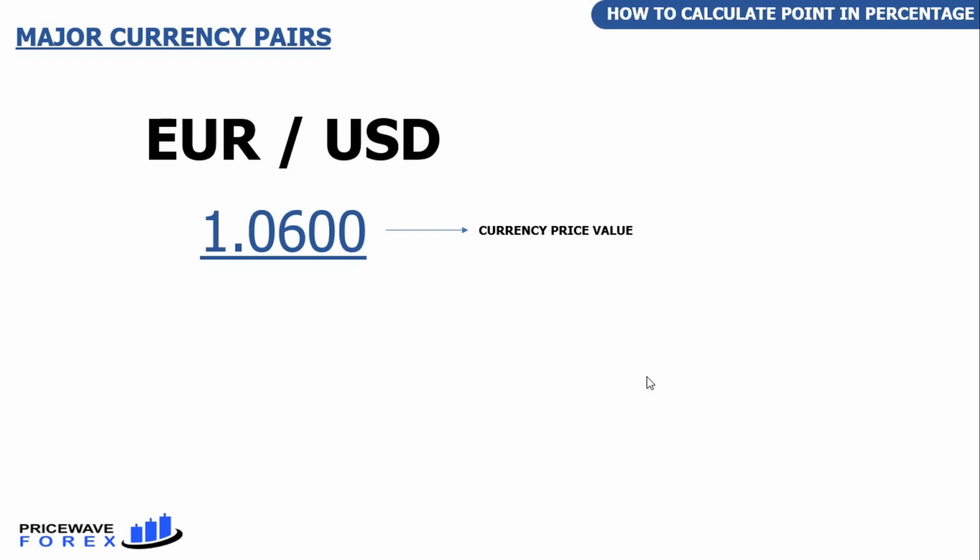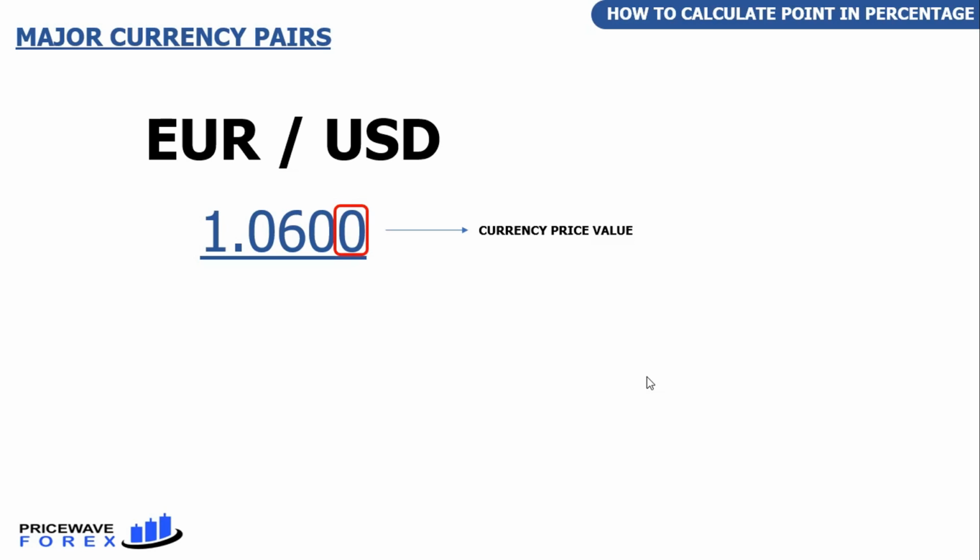And if this is the currency price value, how do I know the pip? When I'm talking about pip, the point in percentage, that means the first unit change. If any currency value must fluctuate, by fluctuation I mean must change in value, there must be a change in the point in percentage. Then how do I know where these changes will come from?